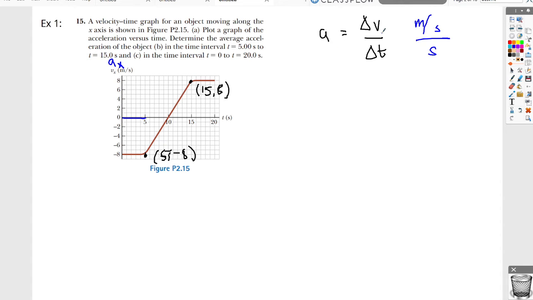It is now changing at a certain meters per second every second, right? There's 10 seconds down here, and how many meters per second has it changed? It's changed from -8 meters per second to 8 meters per second. So that's a difference of 16. 16 divided by 10 is 1.6 meters per second per second.